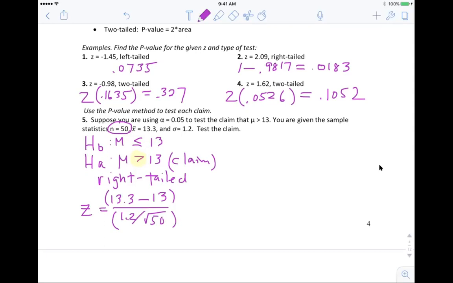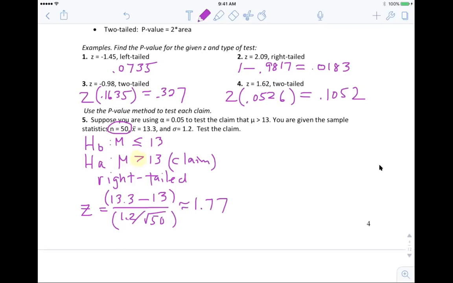I'm now going to calculate that. That's approximately, if I do 2 decimal places, 1.77. And there's my z. That's step 3.